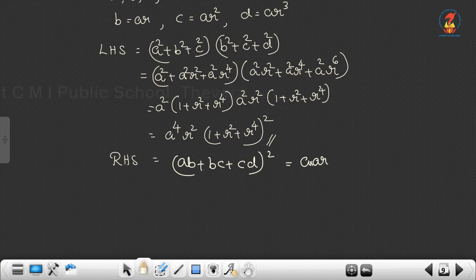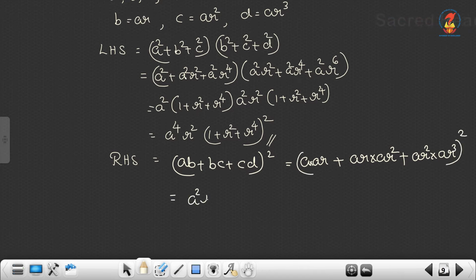So, A into AR plus BC, AR into AR square, plus CD, AR square into AR cube, its square. So, that is equal to A square R plus A square R cube plus A square R raised to 5, okay, whole square.